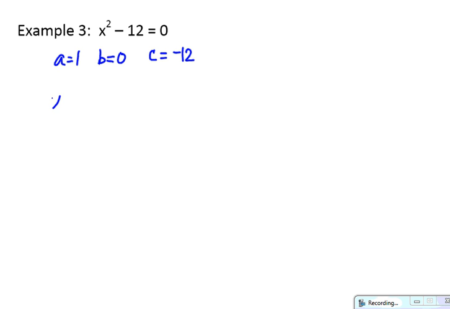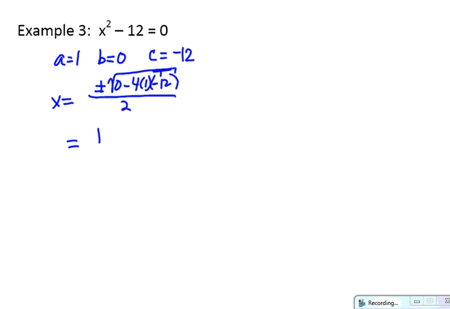Quadratic formula, x is equal to negative of b, so that's 0, plus or minus the square root of b squared, so again 0, minus 4 times a times c, and c is negative 12. Not very pretty, negative 12. All over 2a, so all over 2.